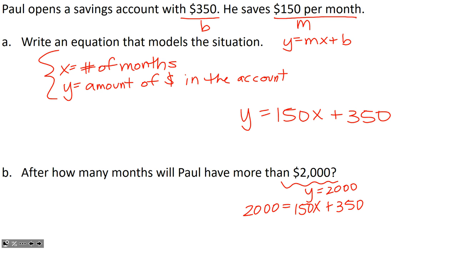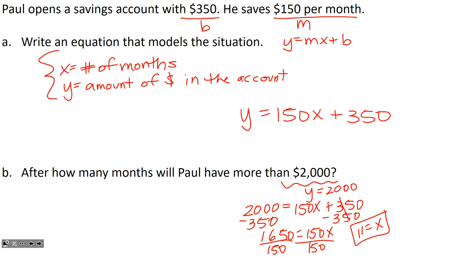We subtract 350 from both sides, and we get 1,650 is equal to 150x. Then we divide both sides by 150, and I got that x is equal to 11.